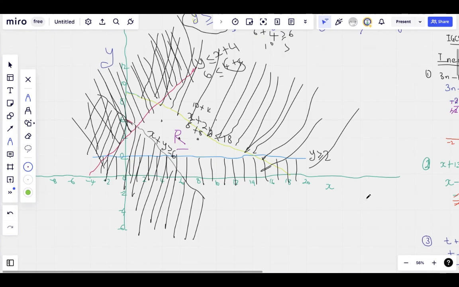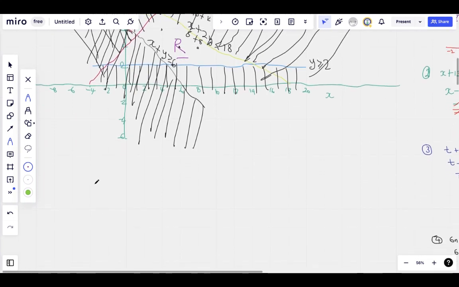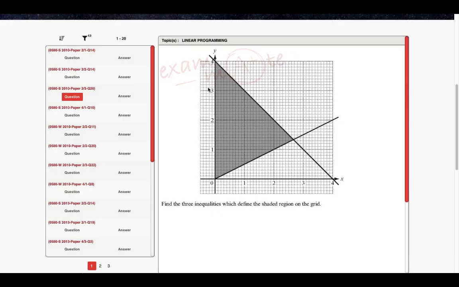Our first inequality, question number 5, is x is greater than or equal to 0. Why? See, our first inequality is coming from this 0 line.